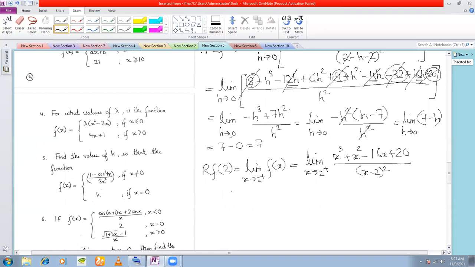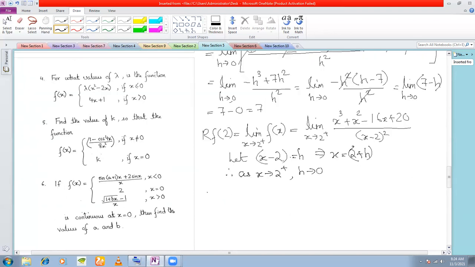In order to evaluate this limit, we put x minus 2 equal to h. That means x is equal to 2 plus h. Therefore, as x tends to 2 plus, h tends to 0.